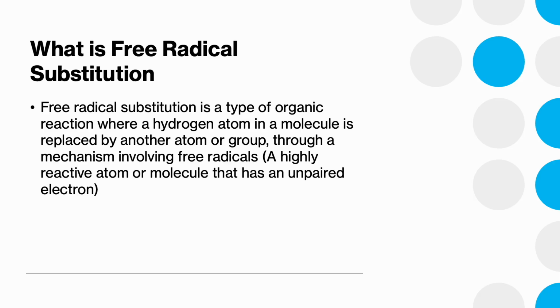Free radical substitution is a type of organic reaction where a hydrogen atom in a molecule is replaced by another atom or group. Most of the time, these atoms or groups are going to be halides. It does this through a mechanism involving free radicals. A free radical is a highly reactive atom or molecule that has an unpaired electron.